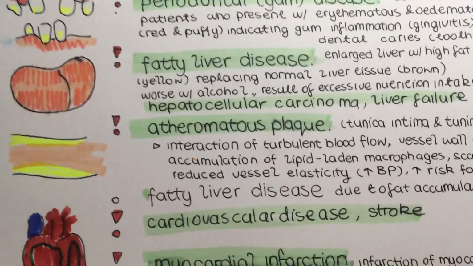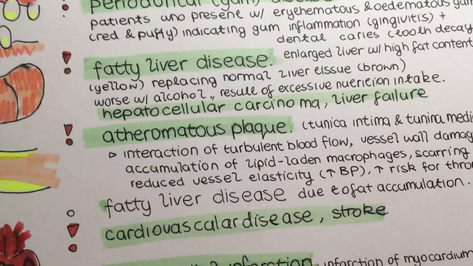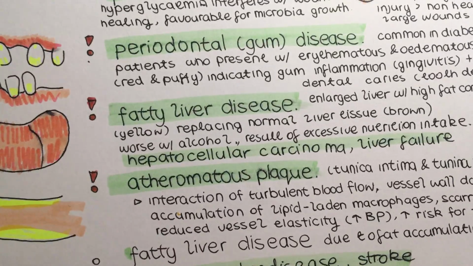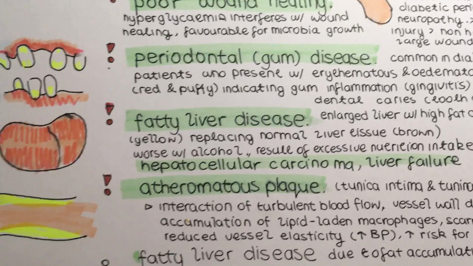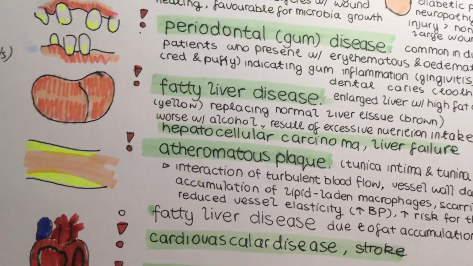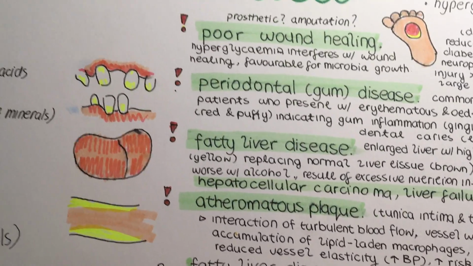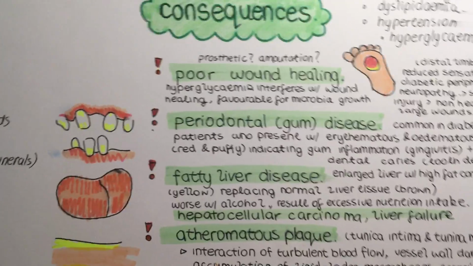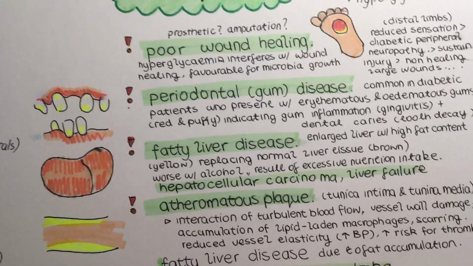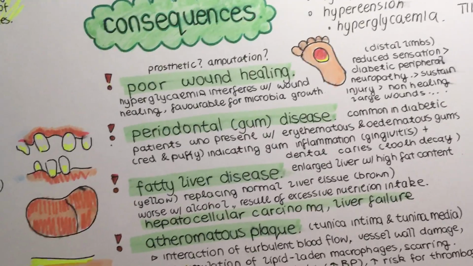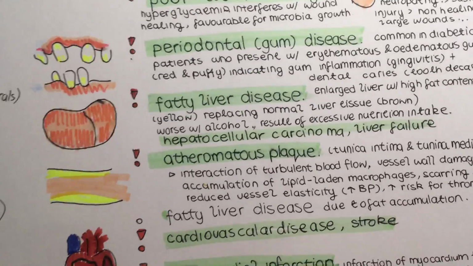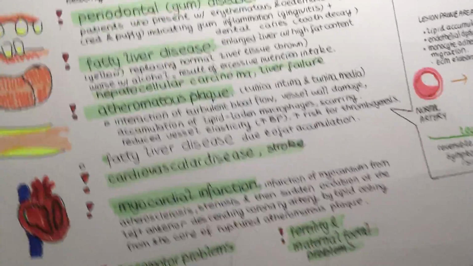Then there is fatty liver disease, which again is the result of an increased fatty diet and increased VLDL and IDL levels, causing a poor fat regulation, and this will be worsened if you take alcohol and have an excessive nutrition intake.